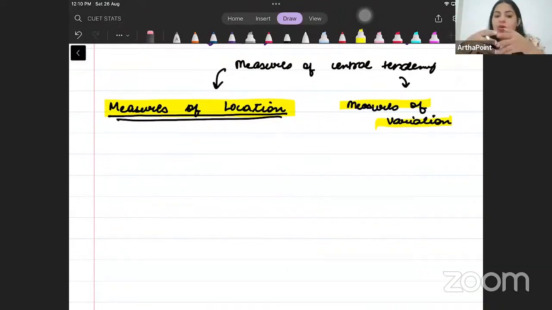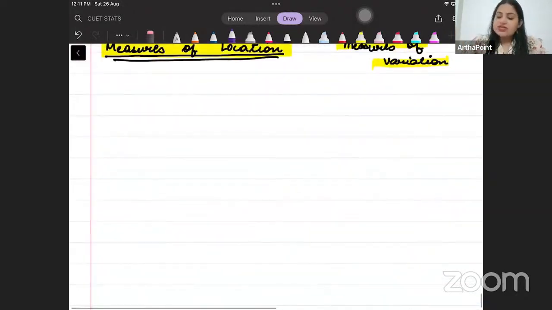Right? And how do I condense the information? By finding out the average, by finding out the median, by finding out the mode. So the purpose of these measures is that there is a huge data set and I want to condense this data set into one number, right? So let us start by understanding this a bit.